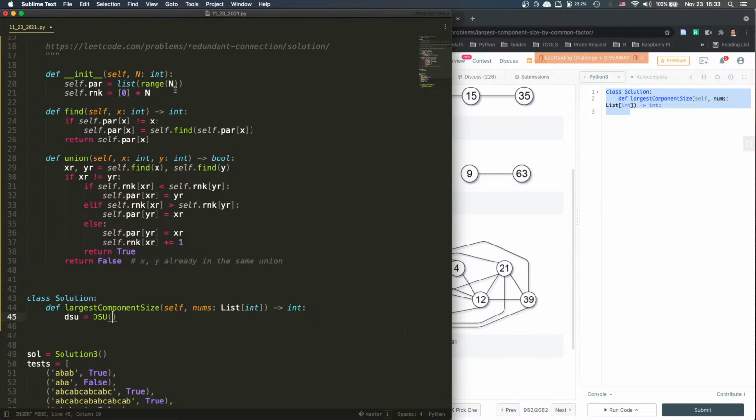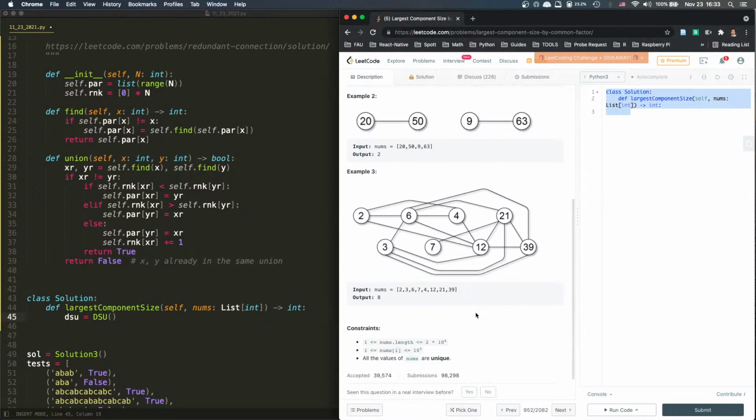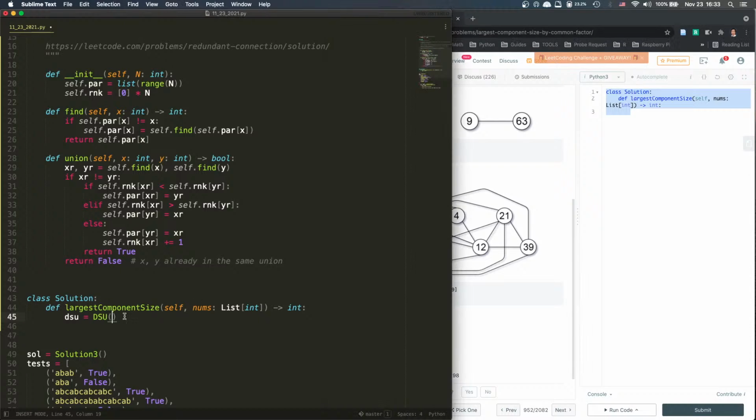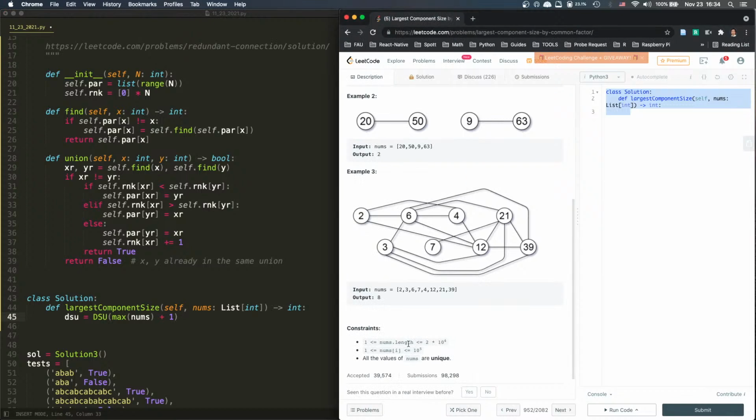It shouldn't be n plus 1... range n. Every single value needs to be inside, right? Oh, I can manipulate it. So I can just say max nums plus 1, because these values are 1 based.